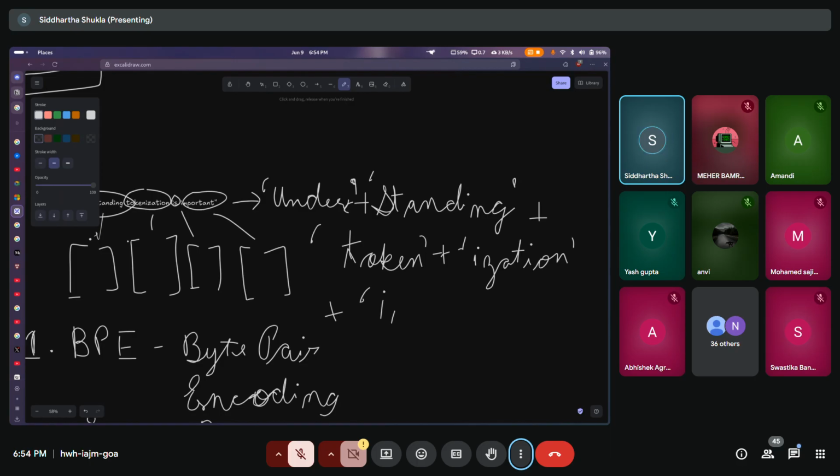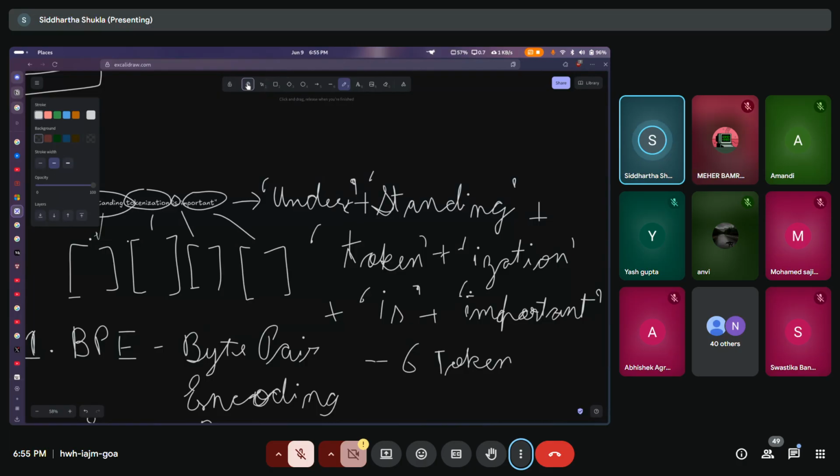As you can see, important and is are processed as full words, while suffixes and so on are split off. Understanding can be broken down into under and standing, obviously, and ization is a suffix for token, so BPE handles it that way. This way, our four-word sentence becomes 6 tokens.